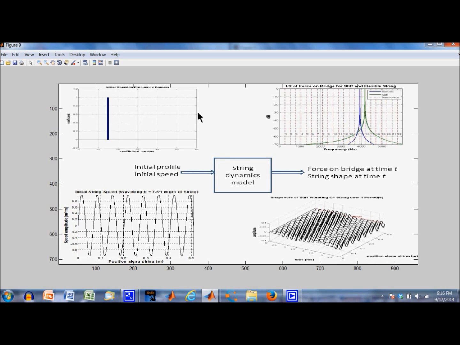The frequency domain representation of the force, however, shows that this particular harmonic shows up with a spike for the flexible string at the 15th harmonic, but the 15th partial for the stiff string is displaced because of inharmonicity.